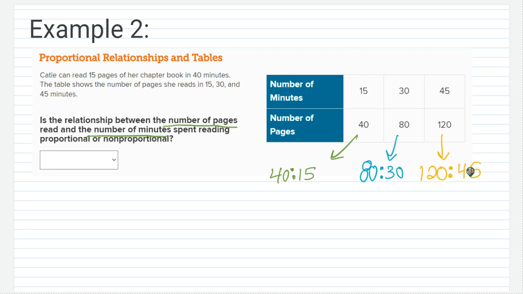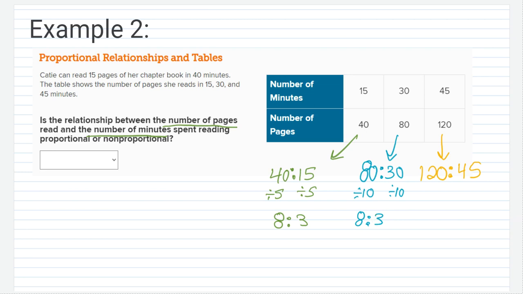Again, keeping that order consistent, we did pages per minute. If we take a look at this first one, 40 and 15, both of those can be divided by 5. So I'm going to go ahead and do that, and then we have a ratio of 8 to 3. So 8 pages every 3 minutes. Then for that second ratio, each of these numbers is divisible by 10. If I divide both of those by 10, so far so good, we get a ratio of 8 to 3.